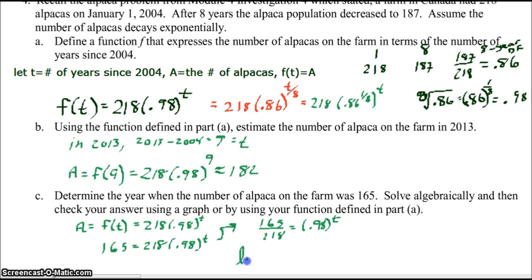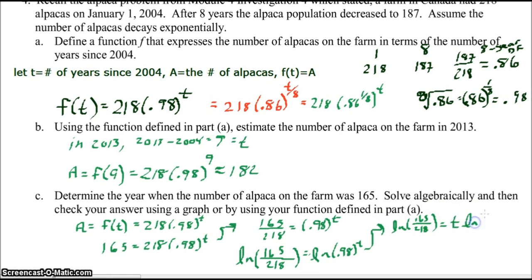Then we could take a natural log of both sides. We could keep the left-hand side the same, but on the right-hand side we can use the property of logarithms where we bring our t down front, and then we have t multiplied by natural log 0.98, so to get t by itself we divide.